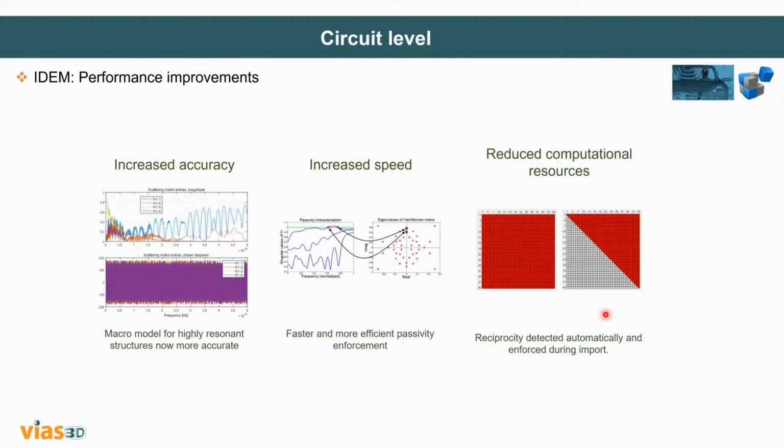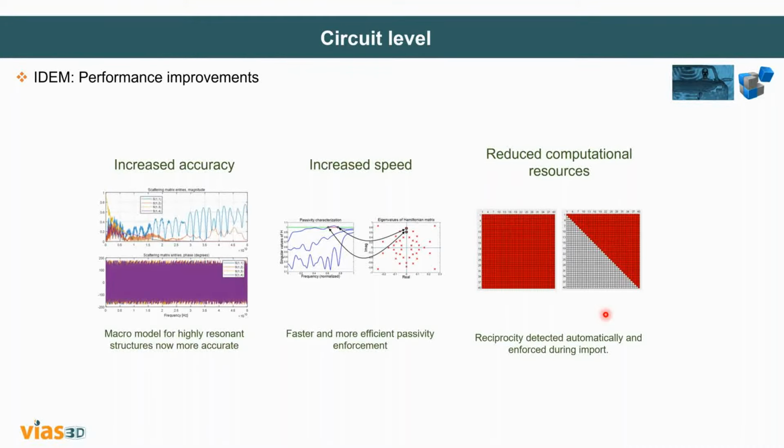The second update is a new adaptive sampling method dedicated to passivity enforcement. It replaces the previous method that was based on equidistant sampling. It allows a faster and more efficient passivity enforcement. And the last update of 2022 is the automatic reciprocity enforcement.